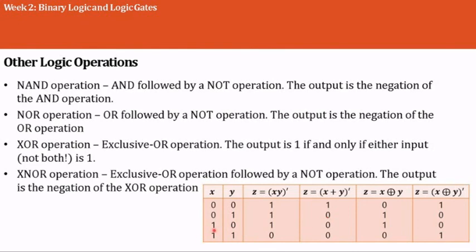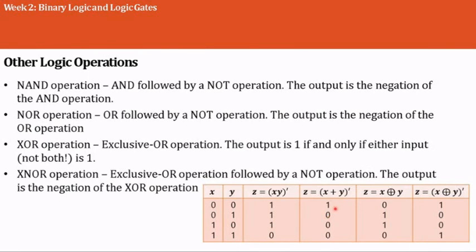Let's say x is equal to 1 and y is equal to 0. So 1 or 0 is 1, and the complement of 1 is 0. As for x is equal to 1 and y is equal to 1, 1 or 1 is 1, and the complement of 1 is 0. So this is the negation of an OR operation, so we call it the NOR.